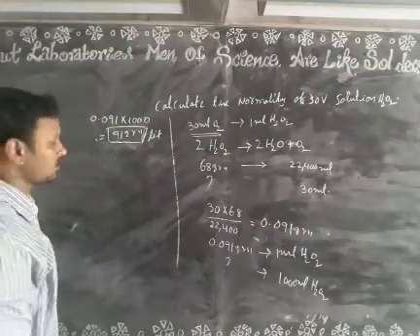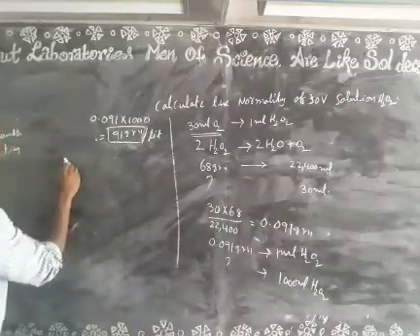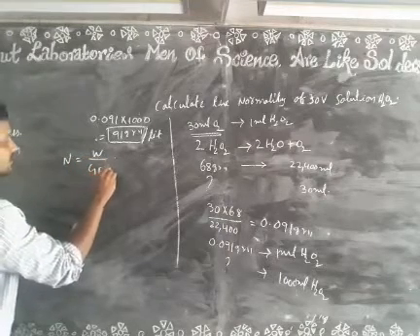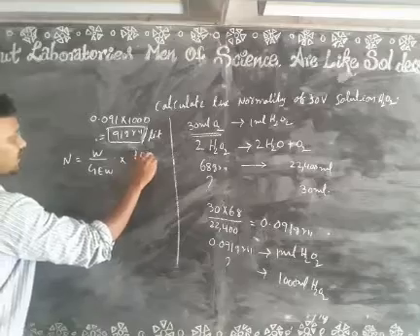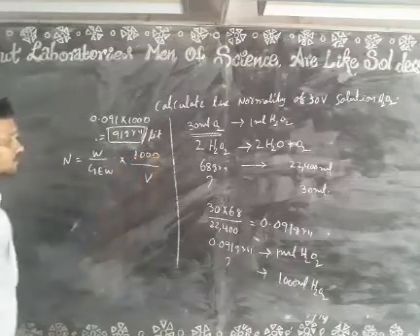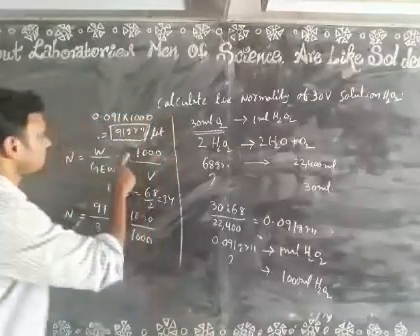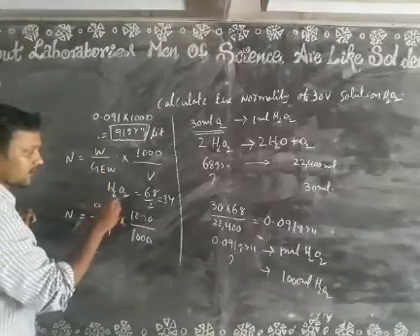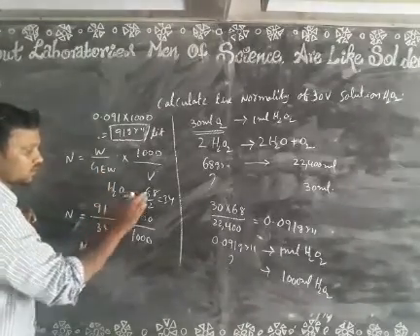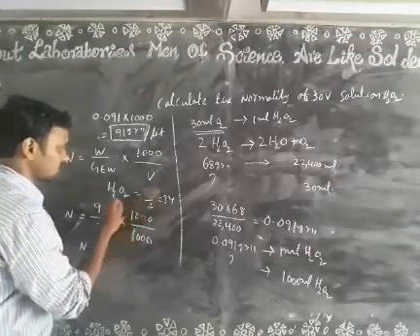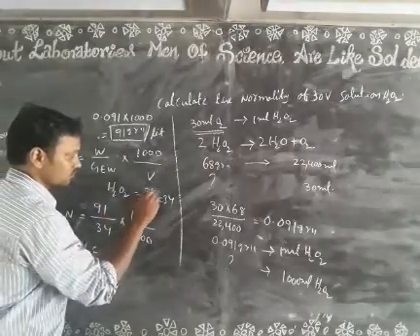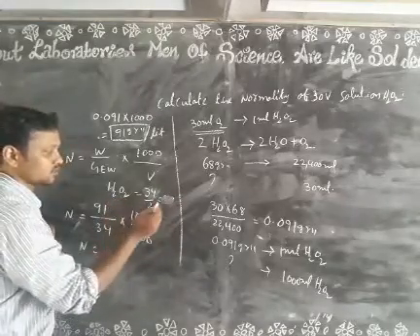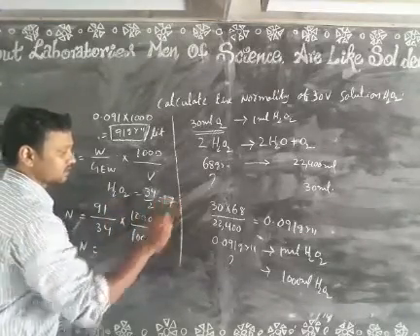Now, what is normality? N equals W by gram equivalent weight into 1000 by V. The molecular weight of H2O2 is 34, and the basicity of hydrogen peroxide is 2, so the gram equivalent weight is 17.